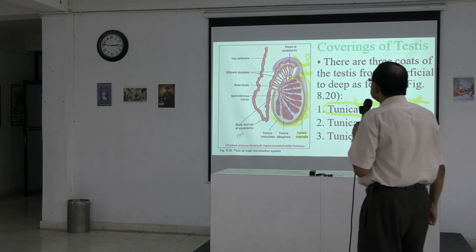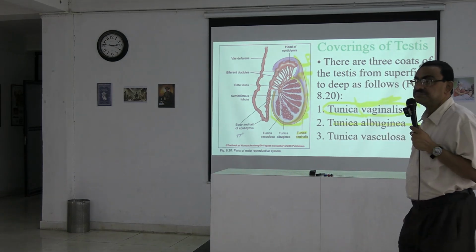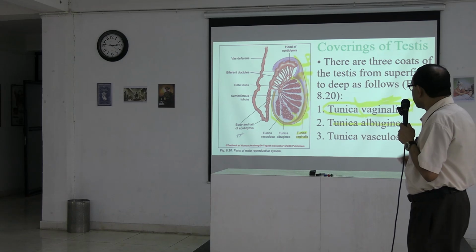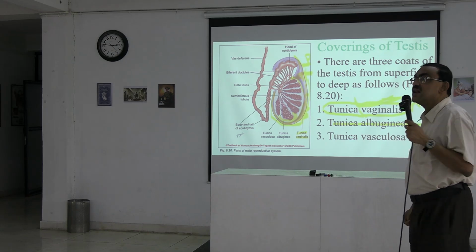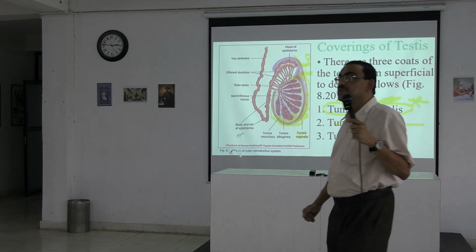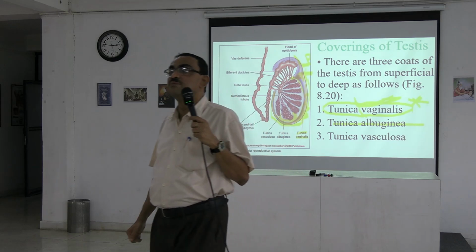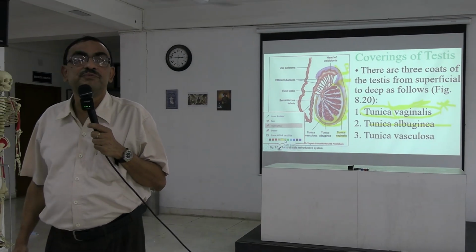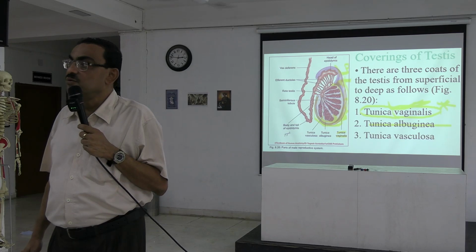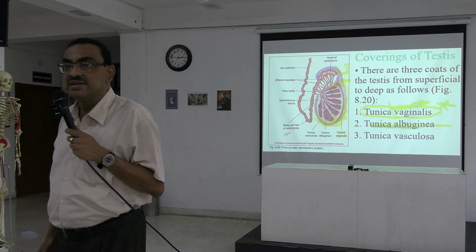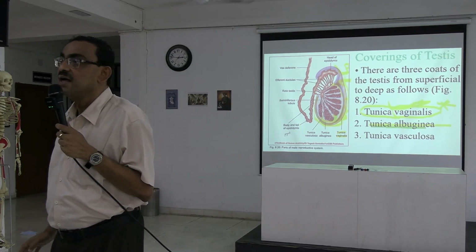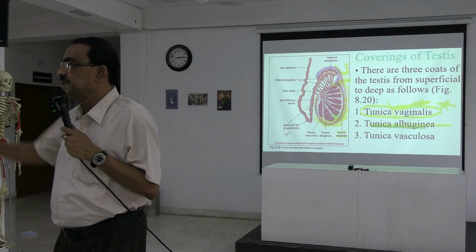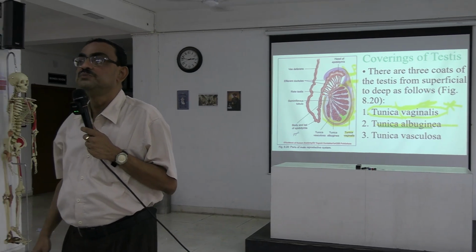The next layer is the white layer, the tunica albuginea. Albus means white. It is a fibrous layer, white in color, so it is called tunica albuginea. It is present all throughout.